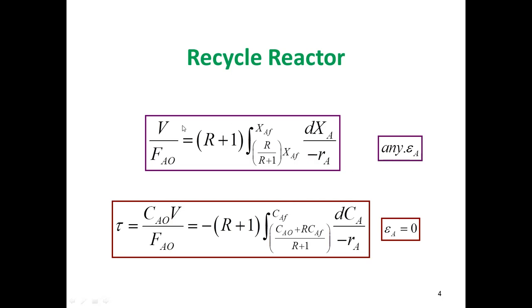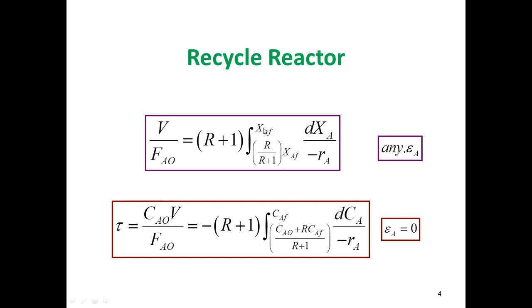So you have here V over FA0 is equal to the product of an integral expression and this quantity R plus 1. Okay, and you have the limits of the integration here. The lower limit is R over R plus 1 times XAF. The upper limit is XAF.